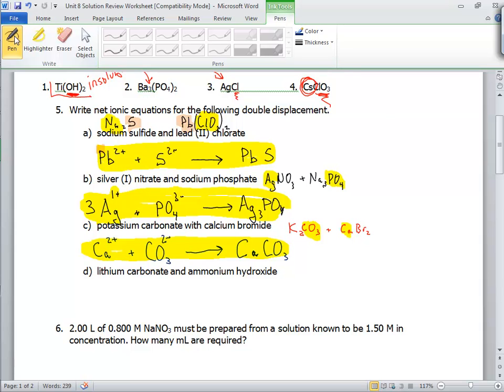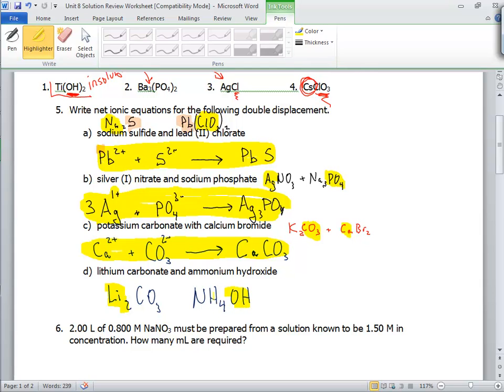Now, on the test that you will be taking, it is possible that you would encounter something like this, where you look at the lithium and the carbonate, and you look at the ammonium and the hydroxide, and you think, am I going to get a precipitate when I combine this and this?